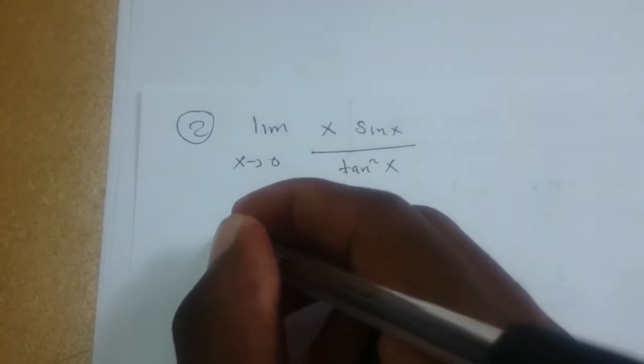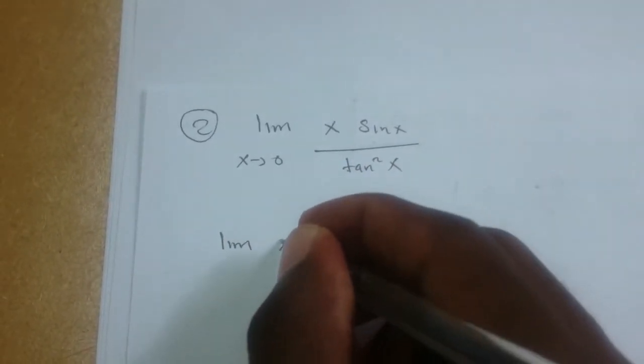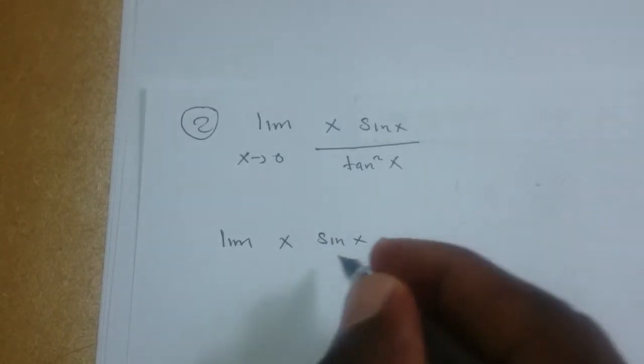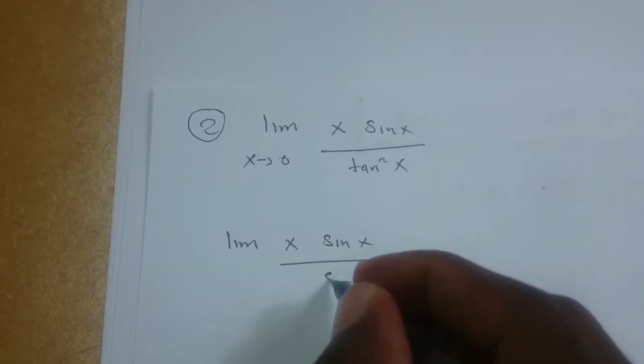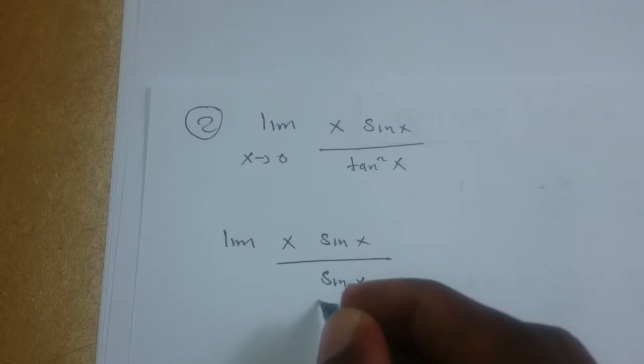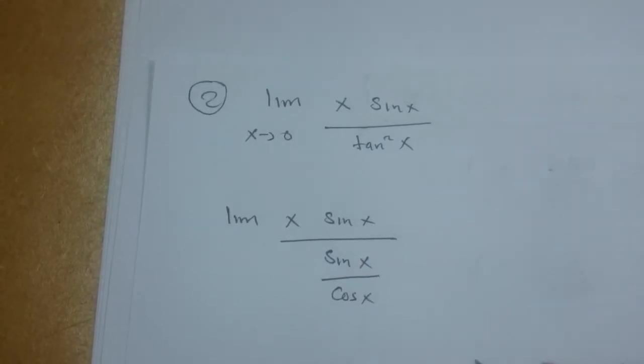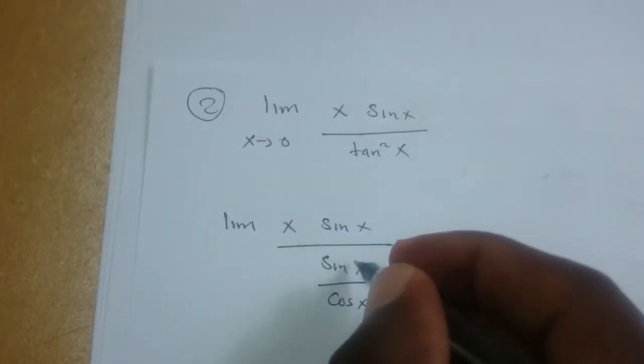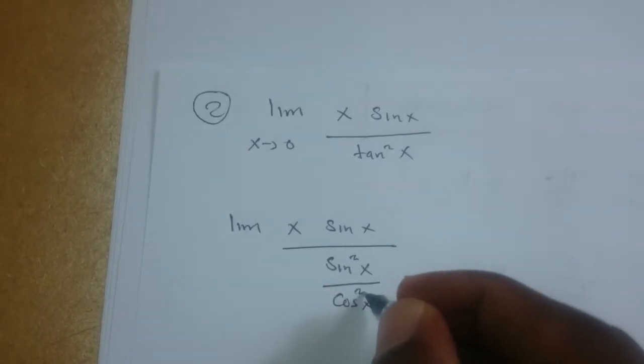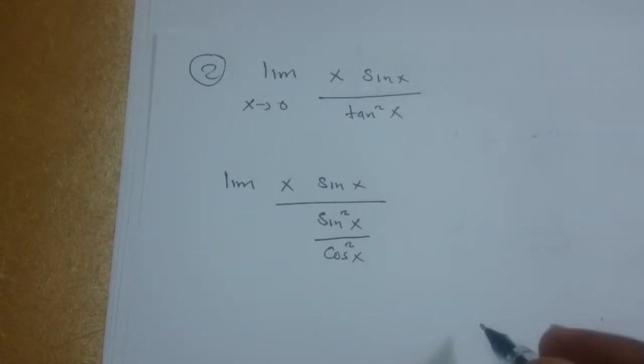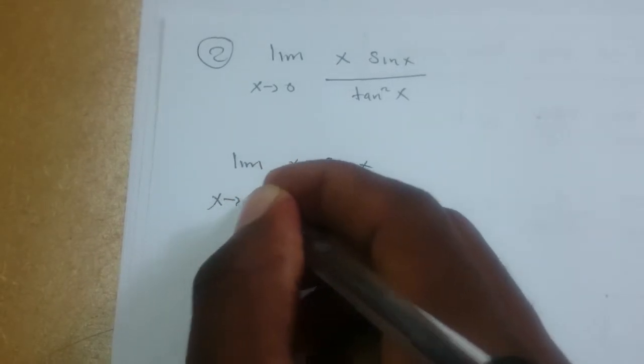So it will be the limit of x sine x over sine x over cos x, all squared. Because the tan is squared, even the sine and the cos will be squared, as x is approaching 0.